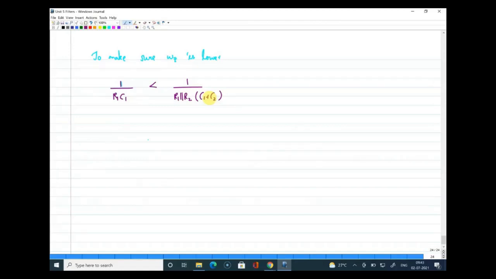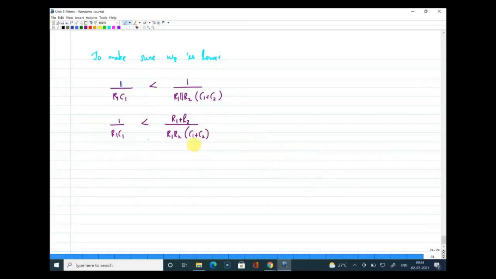So I am trying to derive a condition out of this. That means 1 by R1 C1 should be less than this, keeping R1 parallel R2 in this form. So this is the condition, right?